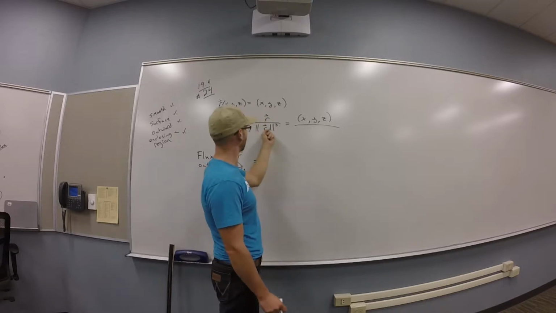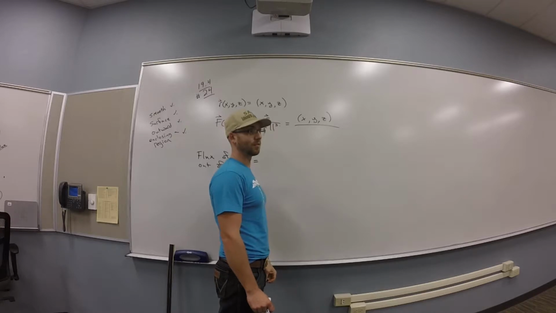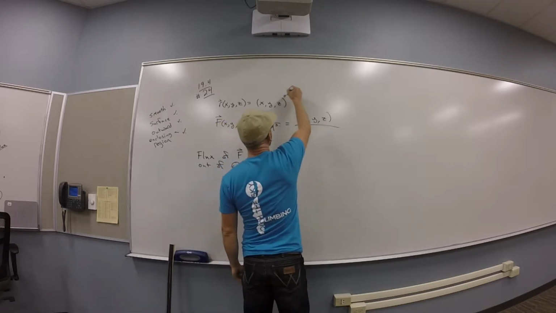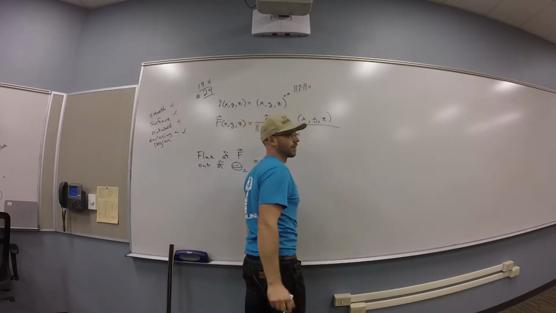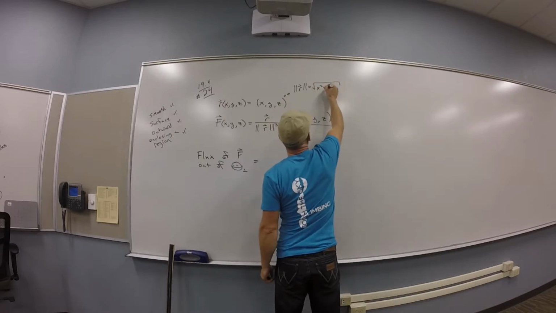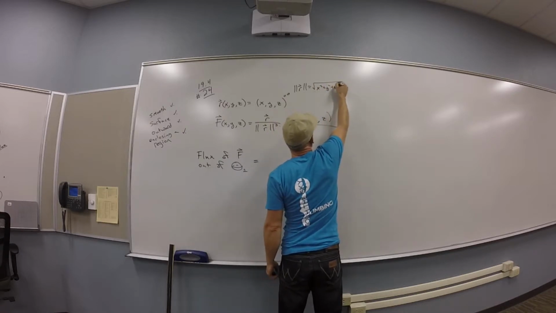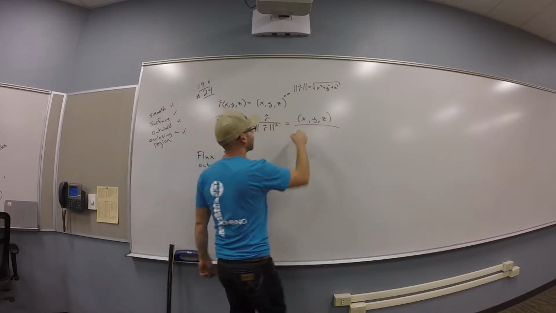How long is the vector R? Well, it depends where you're at, right? So what's the magnitude of R? That'd be the square root of x squared plus y squared plus z squared, right? Yeah, so then I need to cube all that.